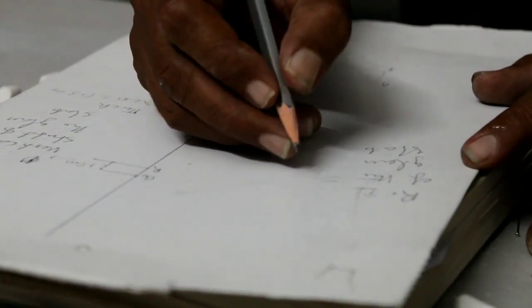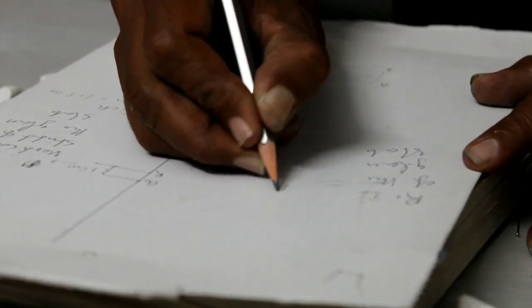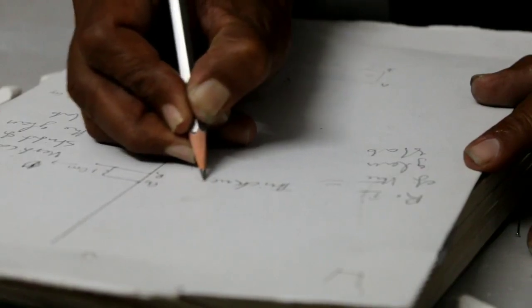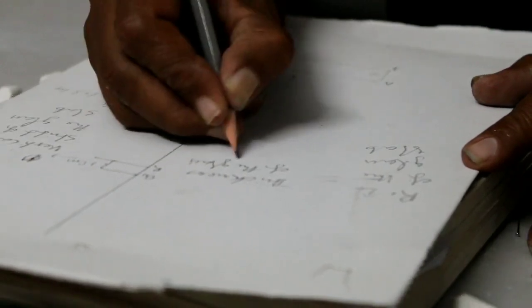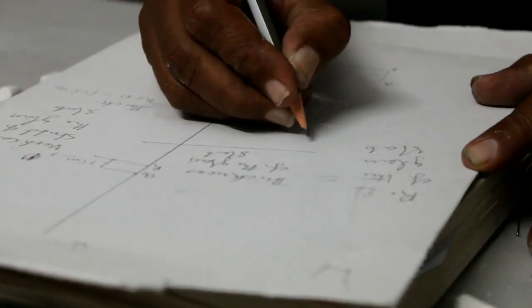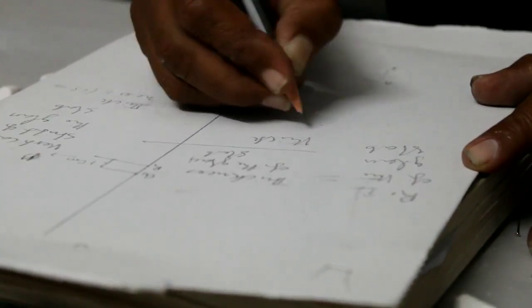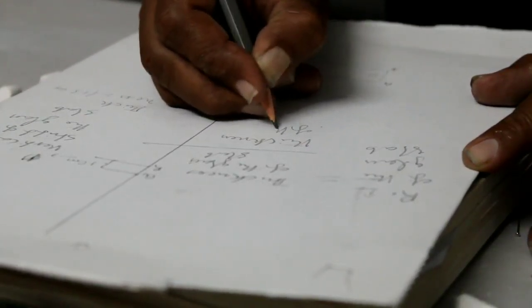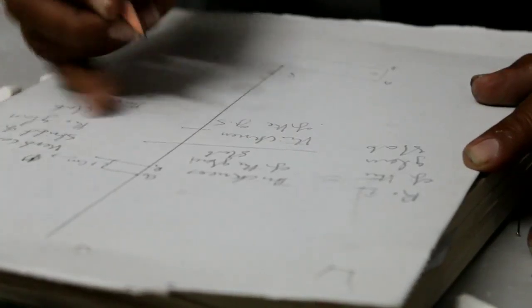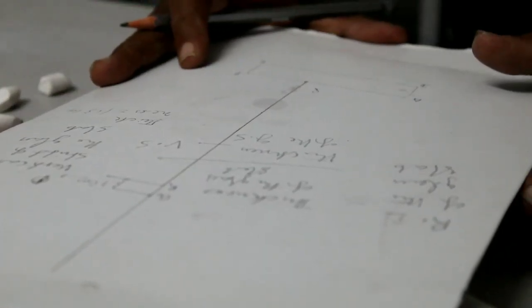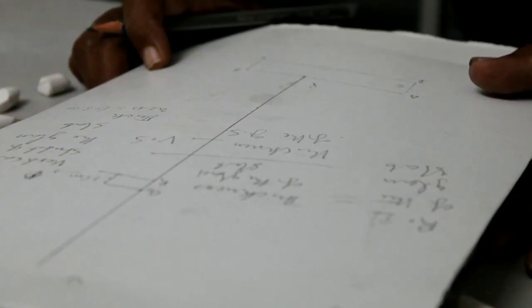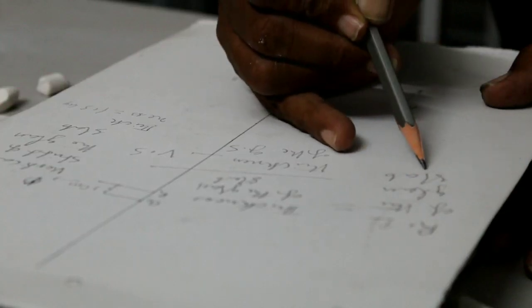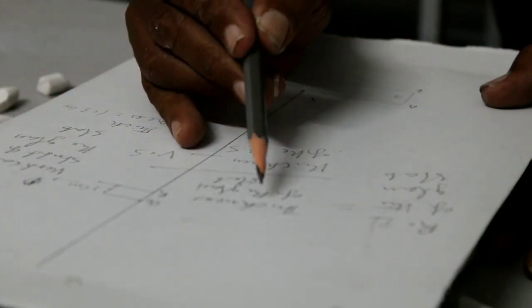Refractive index of the glass slab is equal to the thickness of the glass slab divided by the thickness of the glass slab minus the vertical shift of the glass slab. So once again, by using these two values, we can very easily find the refractive index of the glass slab by using this formula.